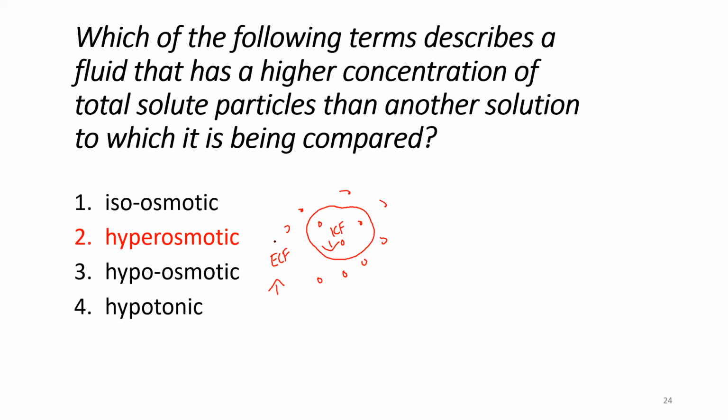In this scenario, yes, it's going to be the extracellular fluid relative to the intracellular fluid. And that's the way it usually is, okay? And so we're saying that the solution in question, the one that has higher solute concentration, is hyperosmotic when compared to another solution, since there are fewer particles in that solution. I hope that makes that a little bit clearer.